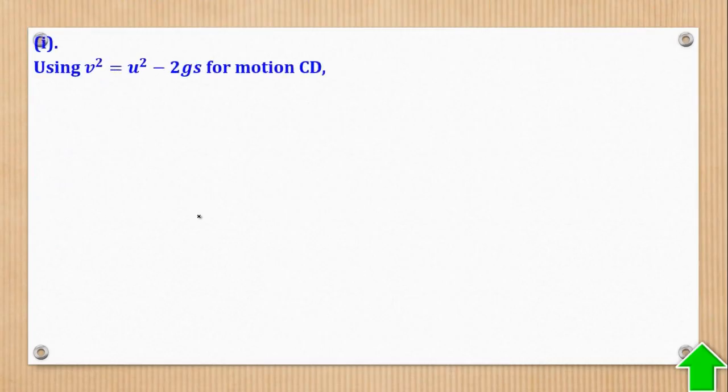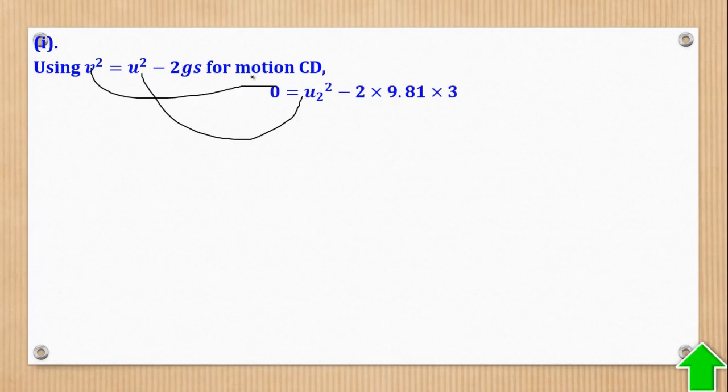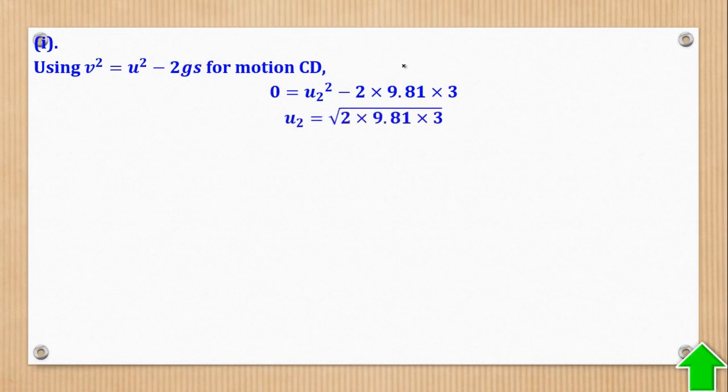So using the third equation of motion, and for motion CD, that is up on rebounding, the final velocity, remember, was 0, initial was U2, and g is constant 9.81, and s is the height, which was 3 meters. Therefore, you simplify and make U2 the subject. That will be the velocity just after collision.